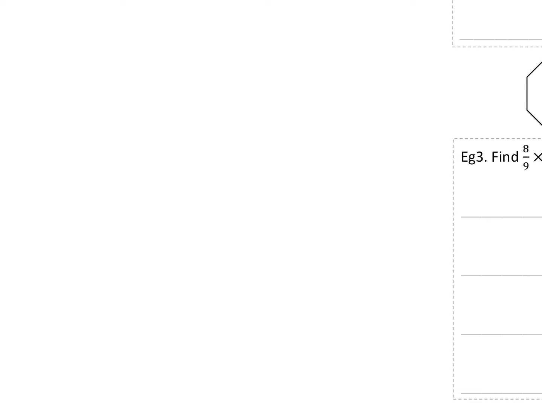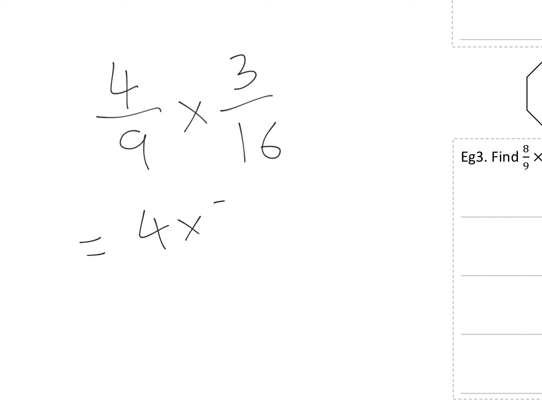So for example, if you had 4 over 9 multiplied by 3 over 16, if we're multiplying fractions, that means 4 times 3 divided by 9 times 16. You can see a common factor of 4. So divide top by 4 and the bottom by 4.